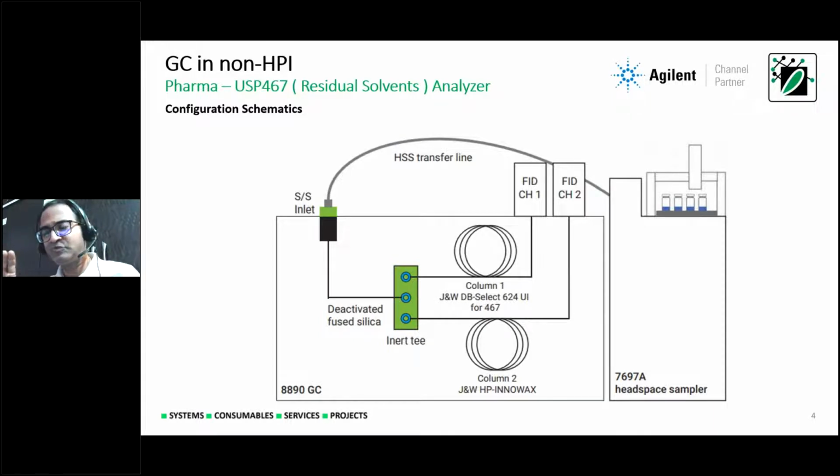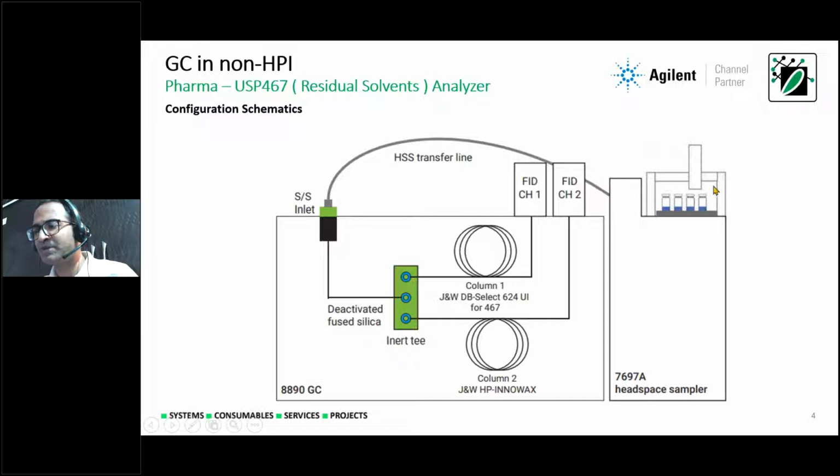Now the vial tends to be a little bit bigger. We normally take a 20 ml vial. Some labs do take the 10 ml vial as well, and both these vials are available with Agilent. So you can do the sampling in the headspace where you take the sample in your 20 ml vial, for example. So you will add maybe 5 ml of your sample. You will load that sample on your auto sampler.